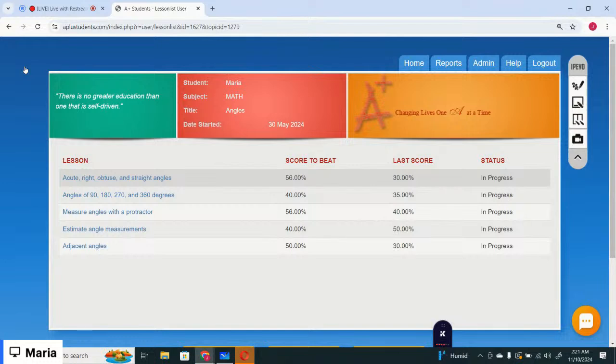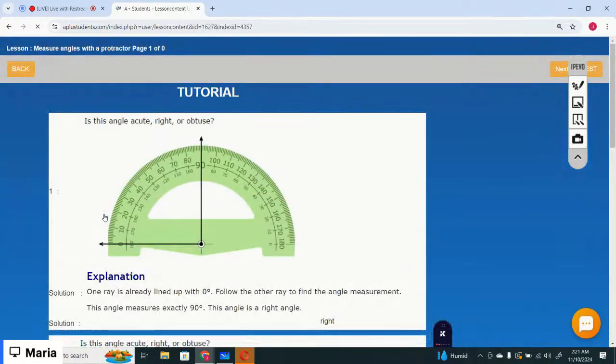The next lesson is measure angles with a protractor. So here is the protractor, right?